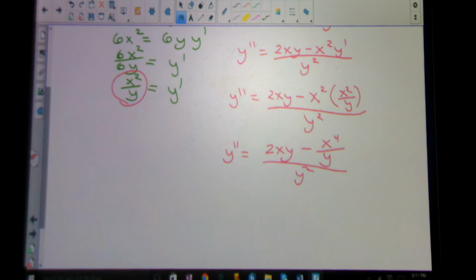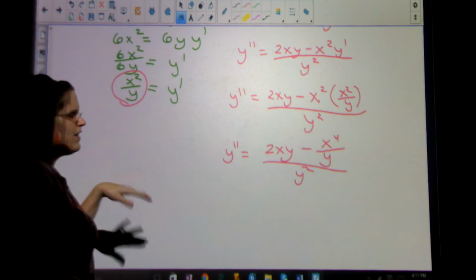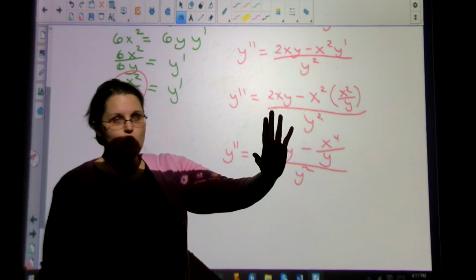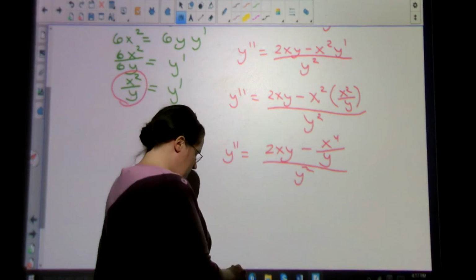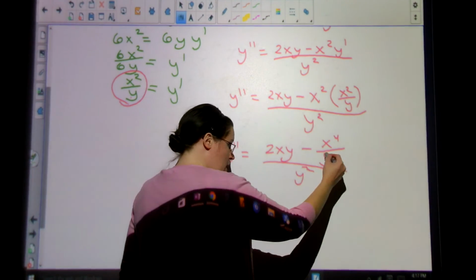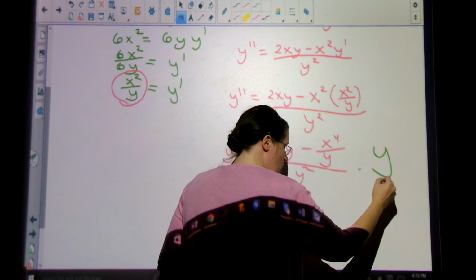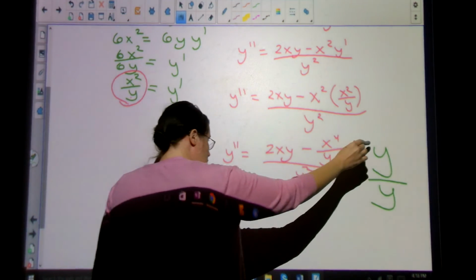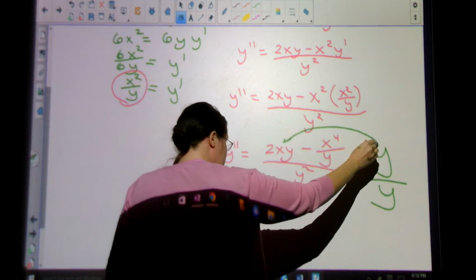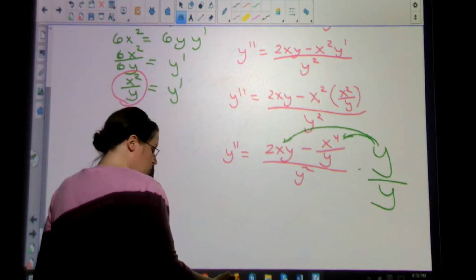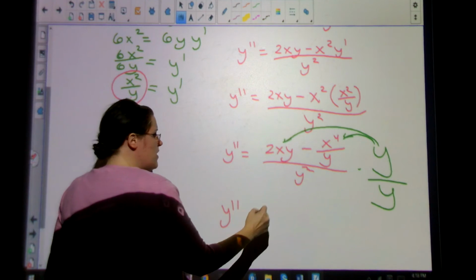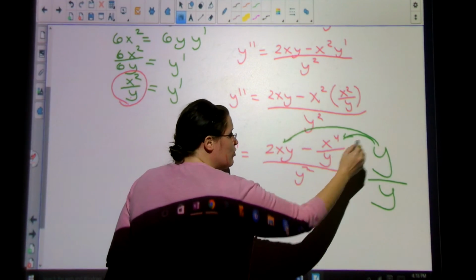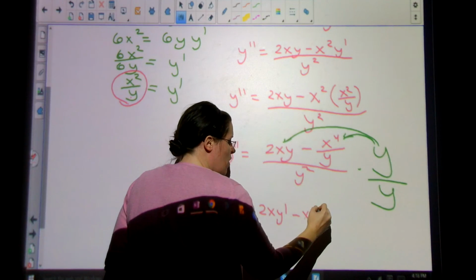Now, two options here. I can't leave that fraction in there, so I can either do a common denominator, that's more work. The easiest way is just multiply by that denominator. See that y? I'm going to multiply the top by y and the bottom by y. But when I do that, you have to distribute y to both terms. So when I do that, this one will be 2xy. Here, they'll reduce. I'm left with x to the fourth.